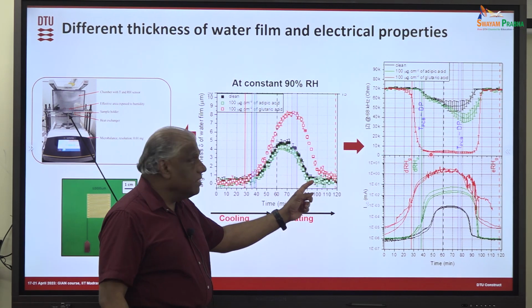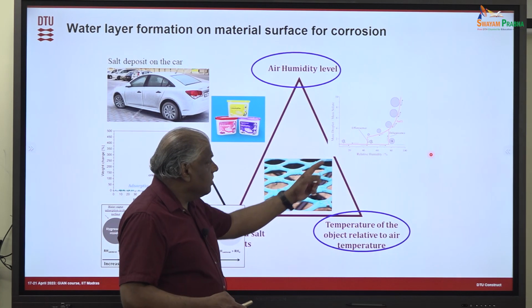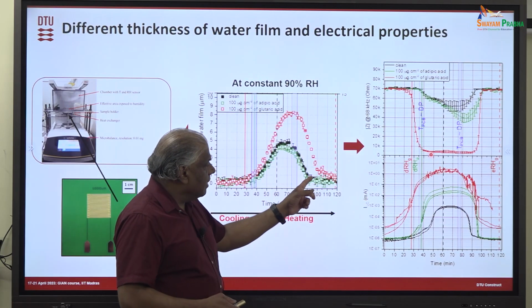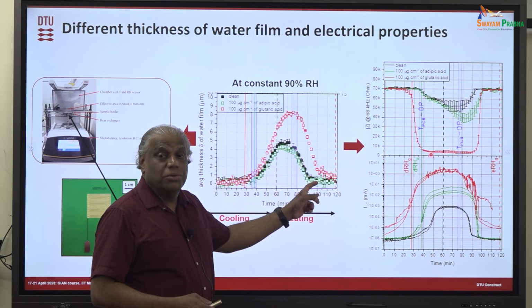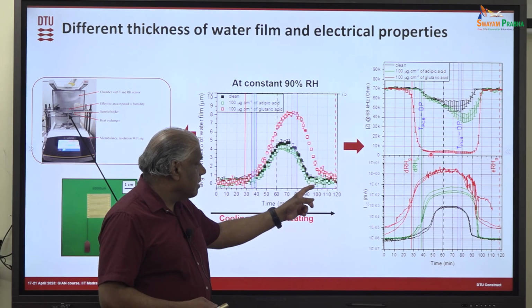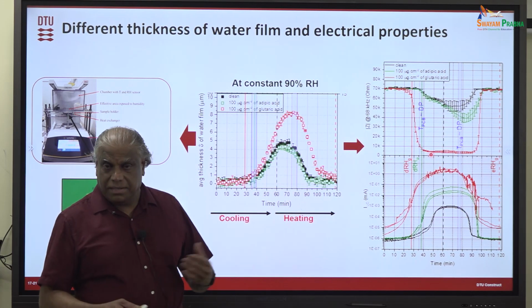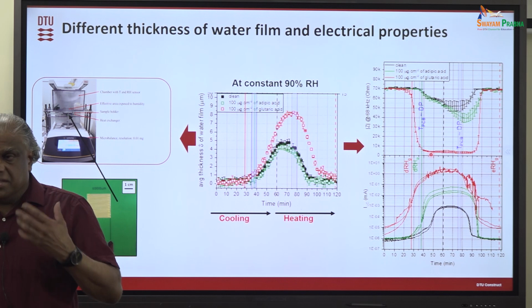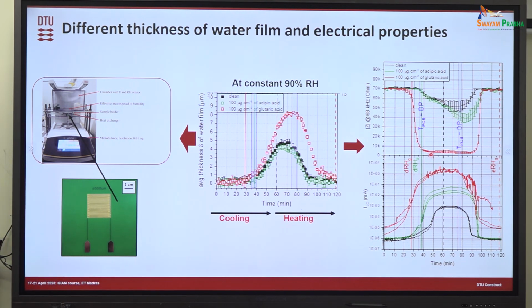Which means that this hysteresis we are talking about is almost not there for the adipic acid. Adipic acid is immediately crystallizing back at a similar humidity level. The hysteresis is not there. So the crystallization humidity level is almost similar to the deliquescence humidity level for the adipic acid.